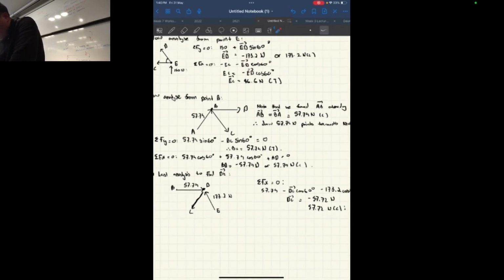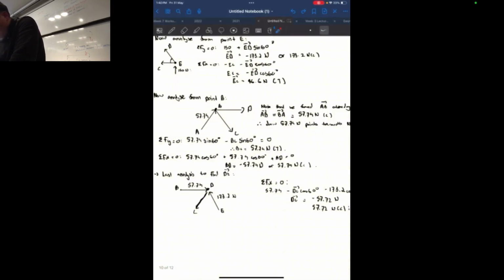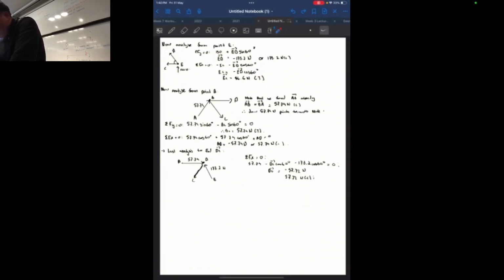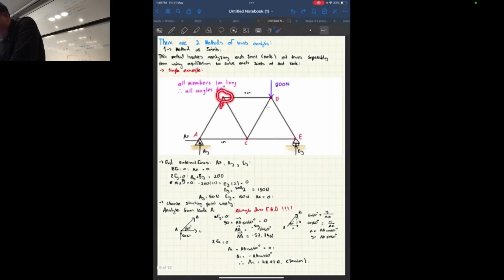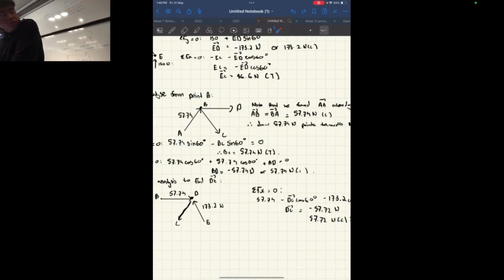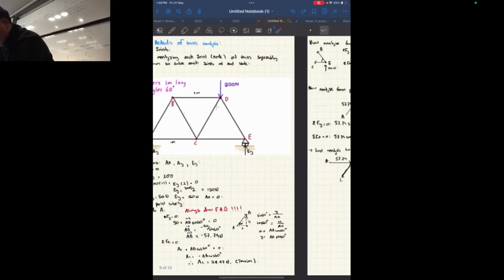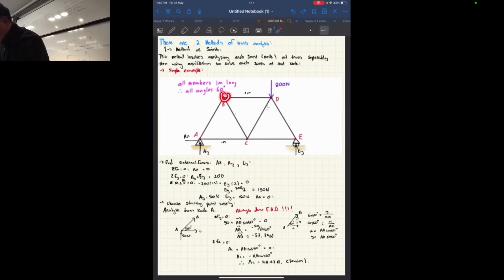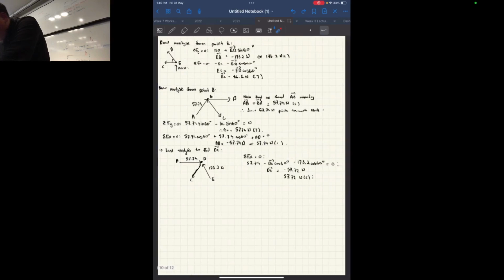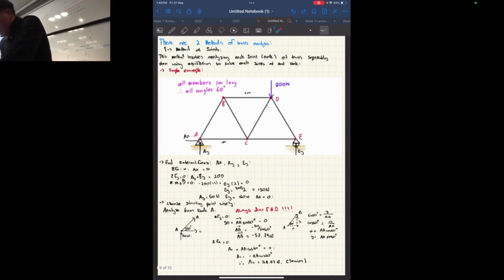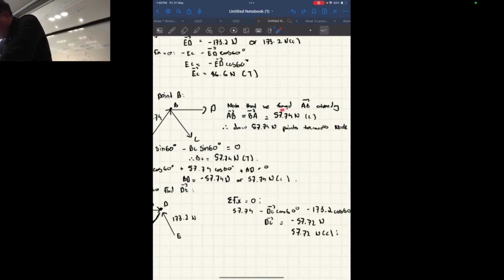And now let's do an analysis from point B. So point B is there, and you have BA, BC, and BD. We now start from point B. We already found AB, and AB equals BA equals 57.74 newtons in compression.